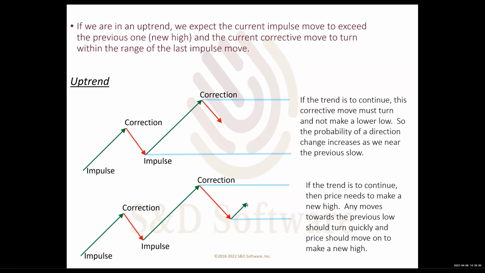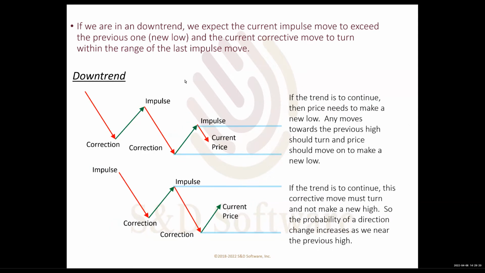So we can use this to get an idea of where the odds are increasing for price to change direction when we're in an uptrend here. If we do this in a downtrend, we can do something very similar.